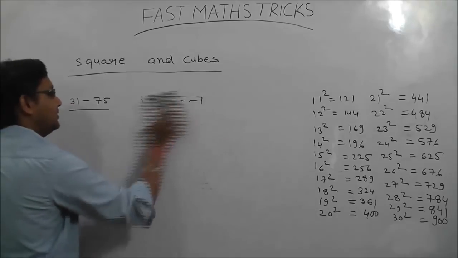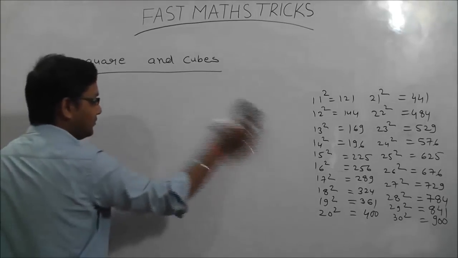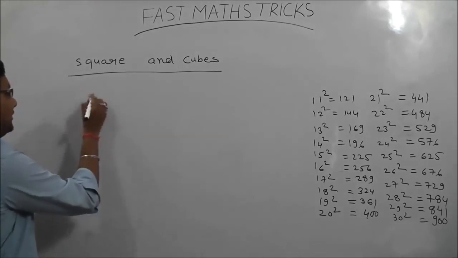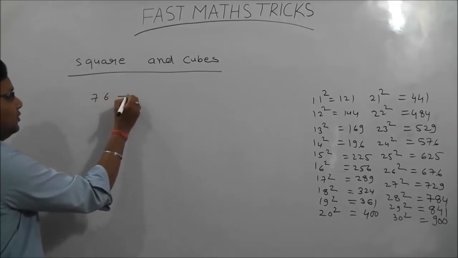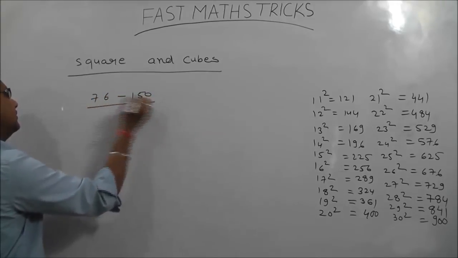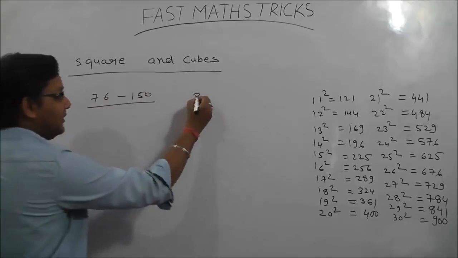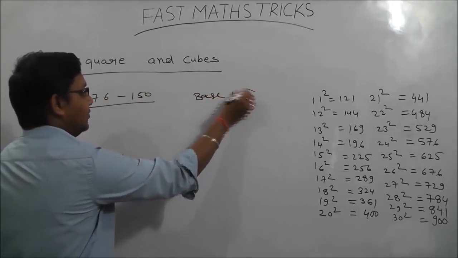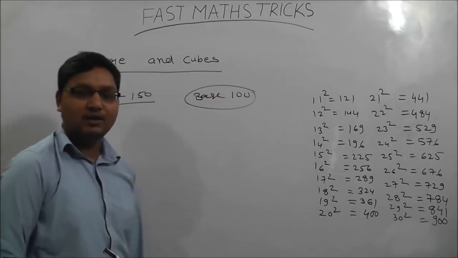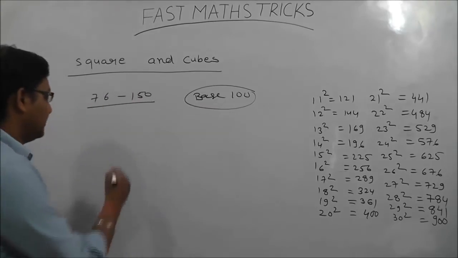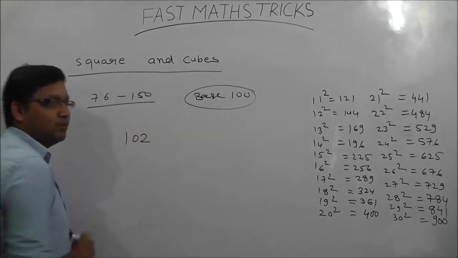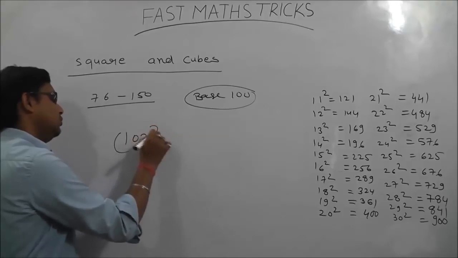Now let's take the examples from 76 to 150. In this case the base value will be 100. Suppose a number is 102 and we have to find the square of 102.